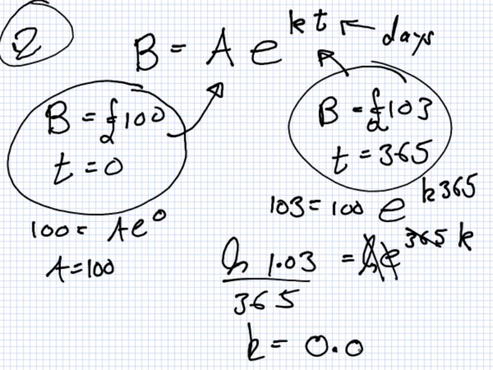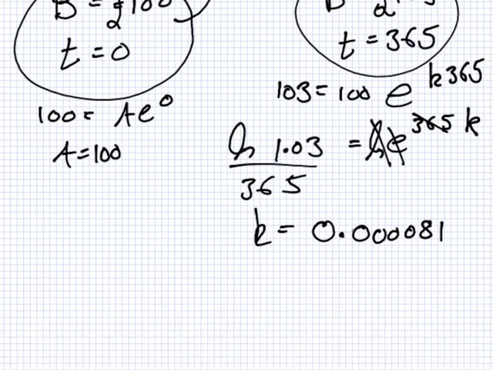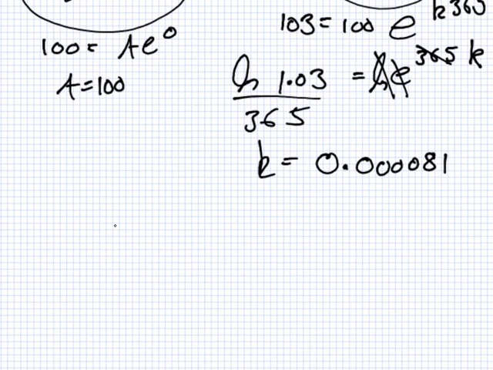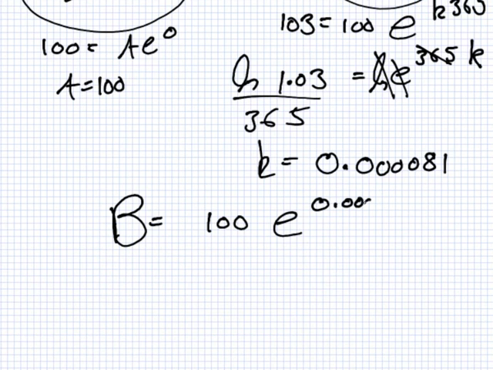Okay, 8, 1 then. Fine. So now we have the bank balance is 100 E^(0.000081 T).